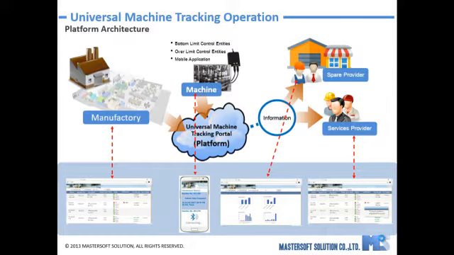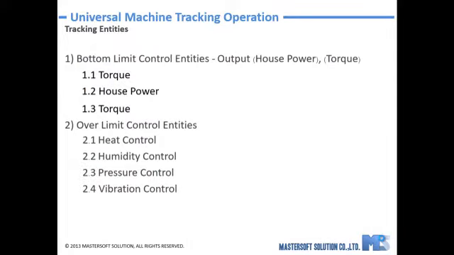So for this case, we will build the device to monitor the performance and status of the machine, which from my perspective can be divided into two schemes. The first one is the bottom limit control entity, which is the entity that the machine needs to run over.